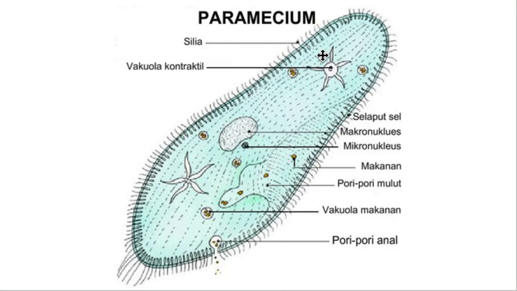It moves by drifting, pushing its way through with these cilia, which are hair-like structures on the outer part of the body of the paramecium.